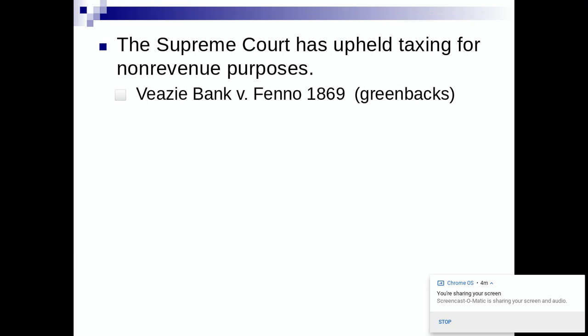So the Supreme Court upheld the taxes when they started taxing these banks because ultimately their goal was to go to one national currency, hence the greenback, paper money. So the Supreme Court ruled in favor of the government for that reason, to discourage the private banks from making their own money, having different notes in circulation, to go to one common currency.